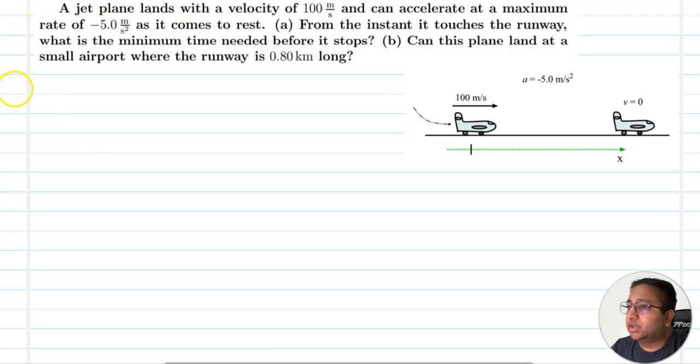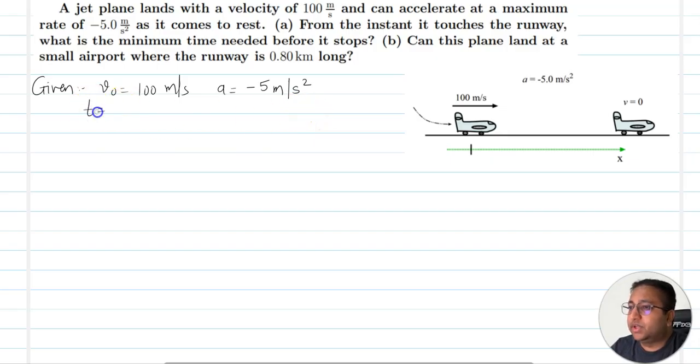Firstly, I will write the given things. The initial velocity V0 is given as 100 meters per second. The acceleration is given as -5 meters per second squared. And we have to find the time T before the jet plane comes to rest.